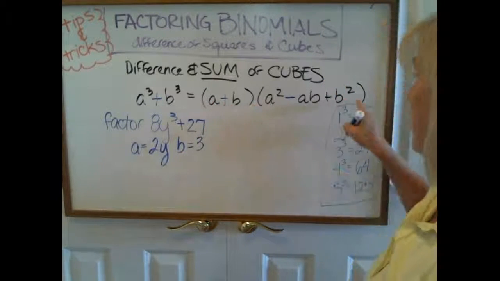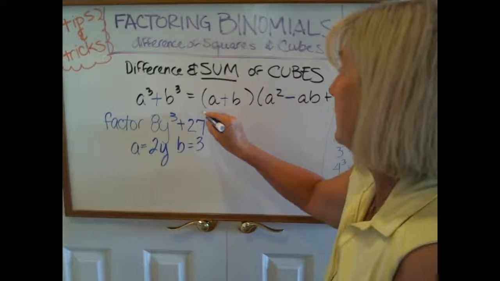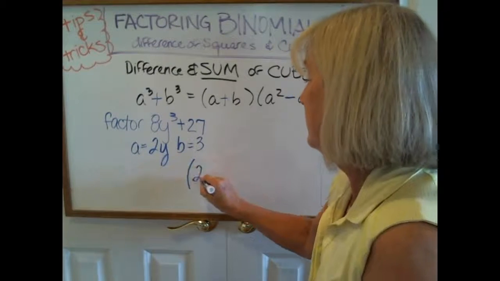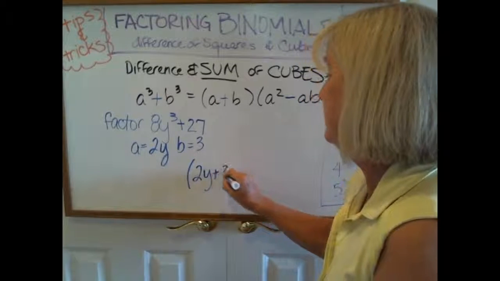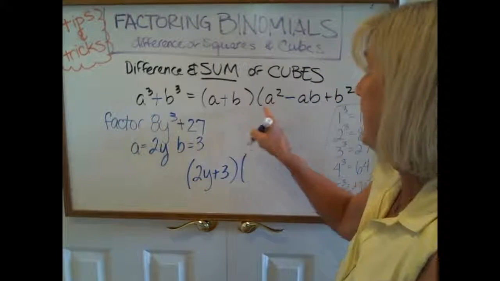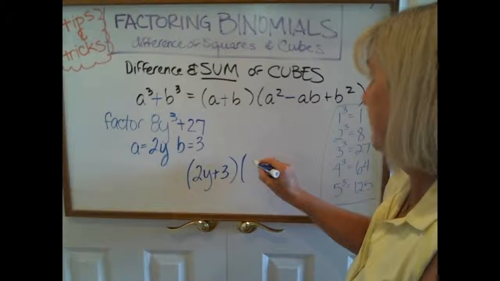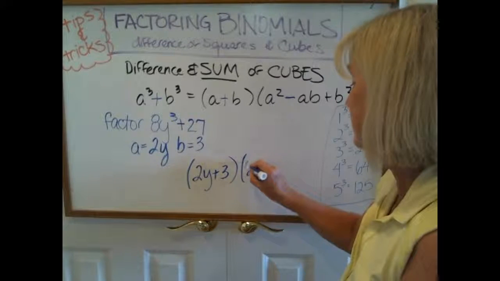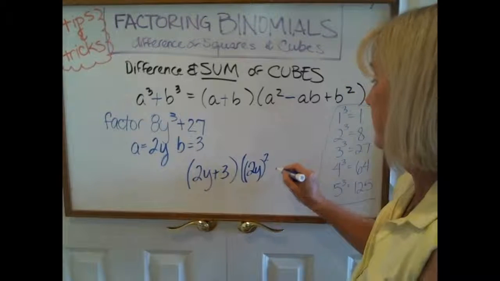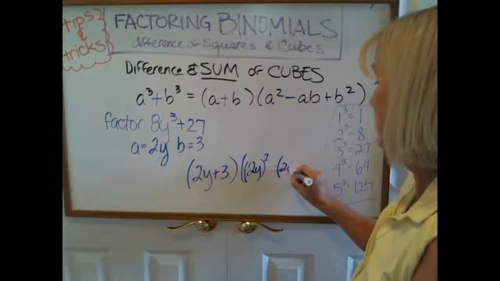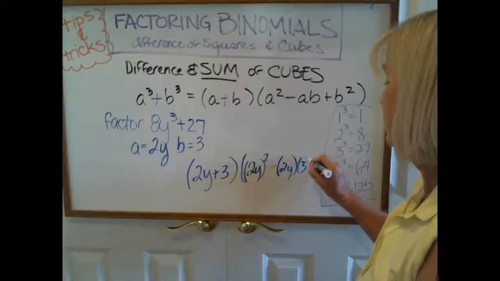So now we have our formula written down, and we're just going to plug things directly in there. So it would be a plus b, or 2y plus 3, with the matching sign. Then we have to be careful here. It's 2y, in parentheses, squared, minus ab, which is 2y times 3.